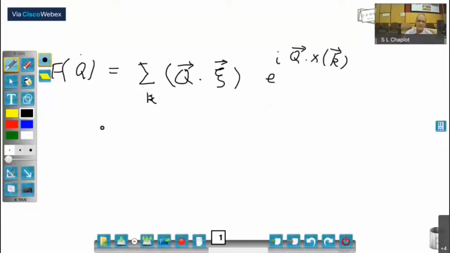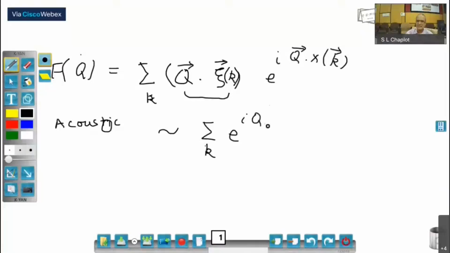Now, for an acoustic mode, the value of the eigenvector component or the polarization vector is really the same for all the atoms. That means if for all the atoms this term is nearly the same, then the structure factor will correspond to a sum, and that is the same as the Bragg structure factor.